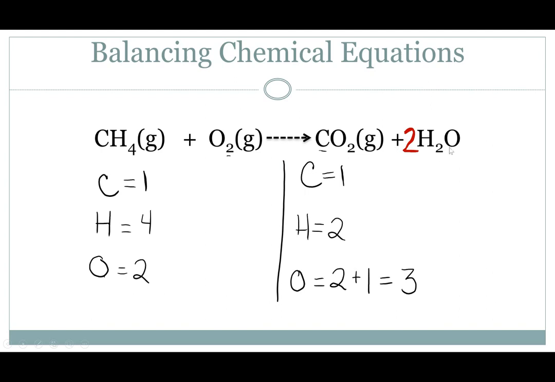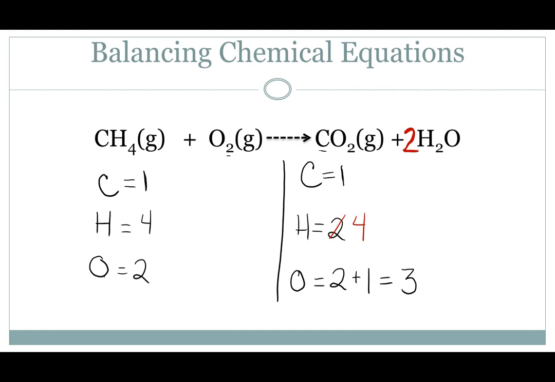So if I form 2 molecules of water, how many total hydrogen atoms would that be? We take coefficient times subscript. So 2 times 2, that means 4 atoms of hydrogen were formed. Okay? So that balances our hydrogens.